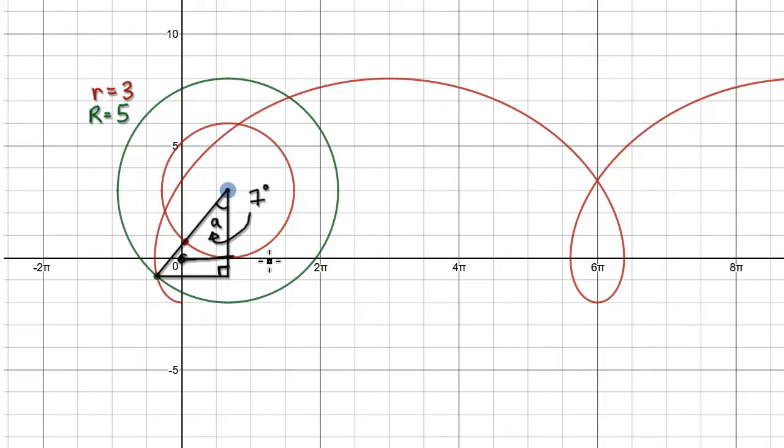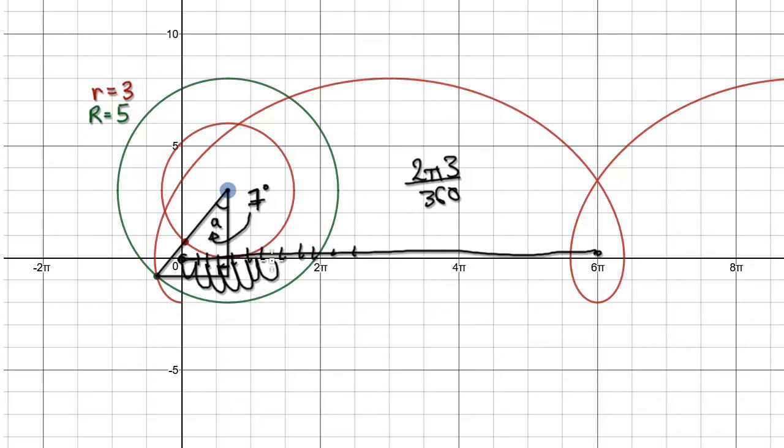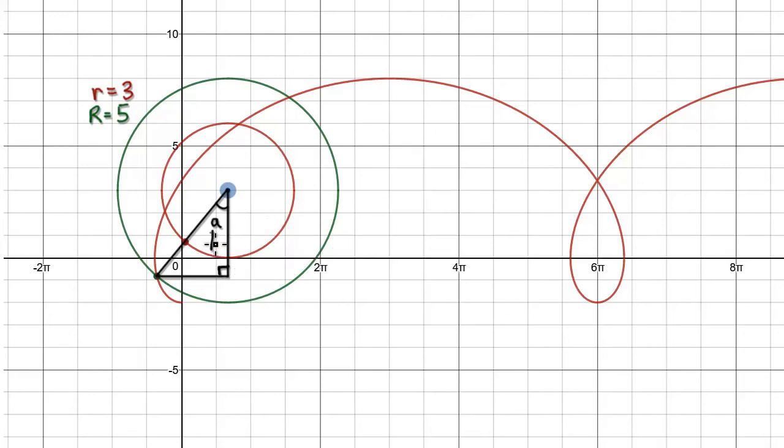Well, if you get this whole distance here, 2 pi small r divided by 360, so 1, 2, 3, 4, up to 360. An increment of an angle of 7 degrees means you move to the right by 7: 1, 2, 3, 4, 5, 6, 7, and so on. So we created a system where the angle ties in neatly with each increment in the x direction.